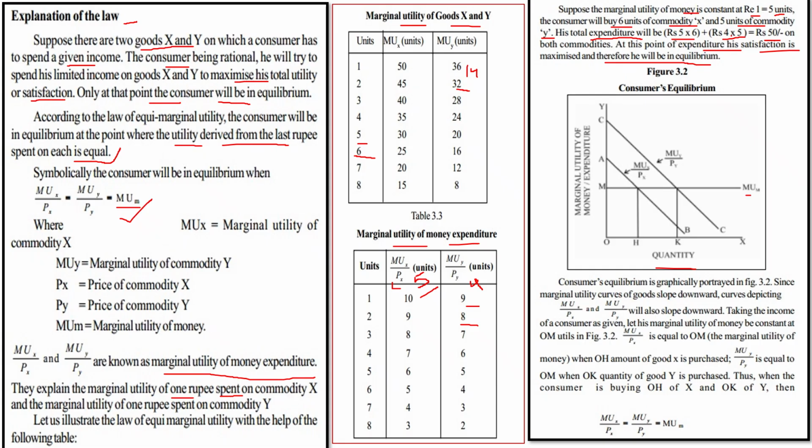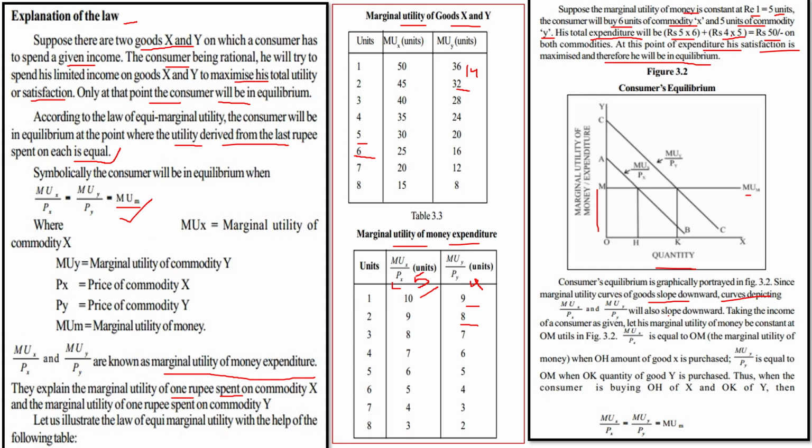The line AB describes the marginal utility of good X divided by price of X, and CD describes the marginal utility of Y divided by price of Y. OH is the quantity of good X and OK is the good Y. Graphically, the consumer is in equilibrium since the marginal utility curves slope downward, and taking this income, the marginal utility of money is constant at OM units.